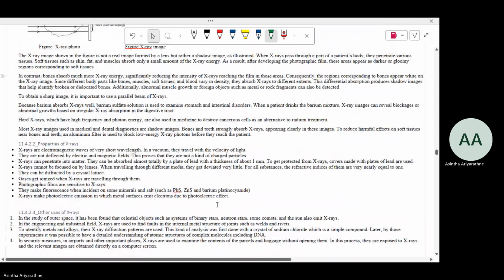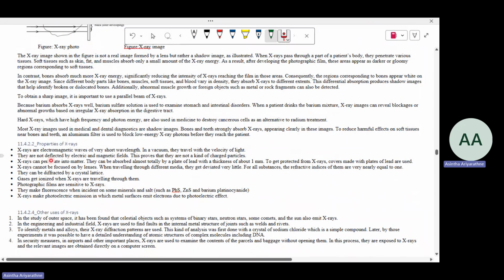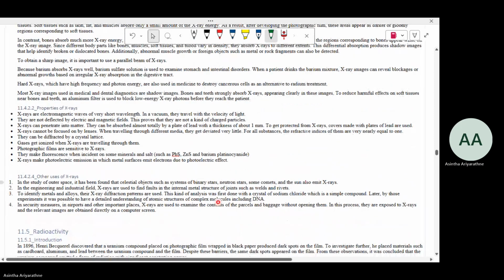There are many advantages of these X-rays, which are described here. X-rays are electromagnetic waves with short wavelength and high frequency. They are not deflected by electromagnetic fields, and they don't have a charge.